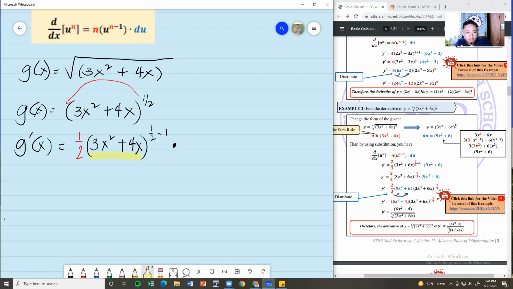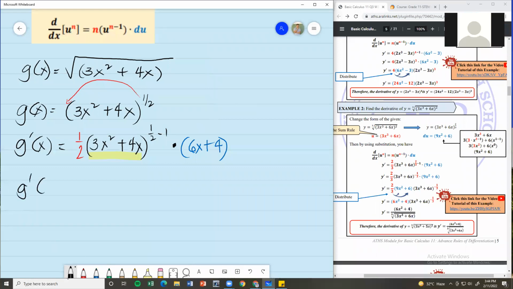So the derivative is 6x plus 4. That's your du. Okay? And so after that, let's just simplify it further. So this will become g prime of x will be equal to 1/2 times, copy this, 3x squared plus 4x.